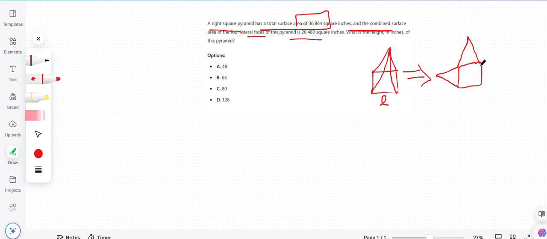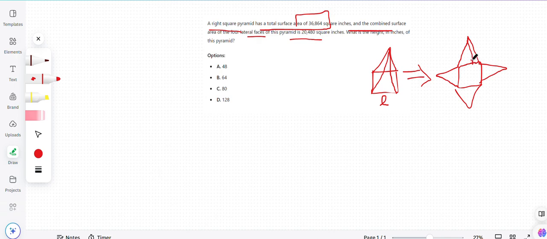It's just a rough figure. Now we have to understand two things here, which are very important to solve this type of problem. We have to be able to differentiate between the slant height and the height of the pyramid.